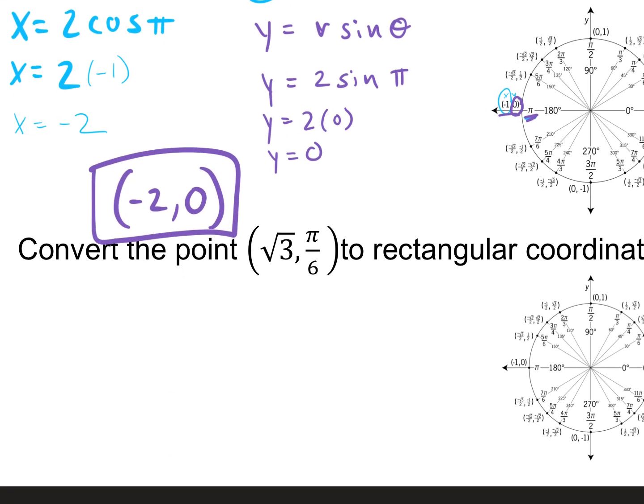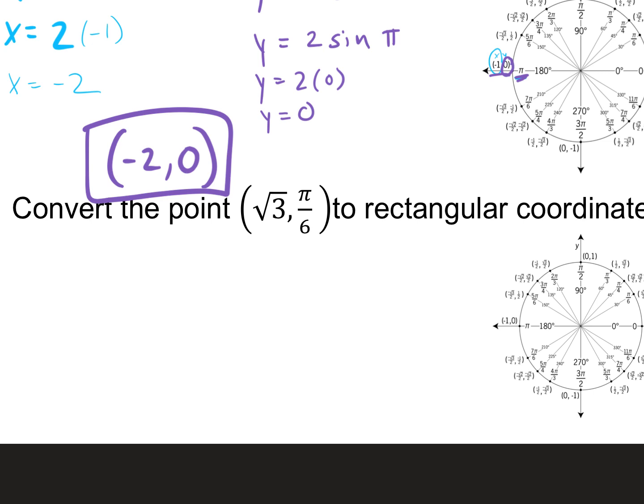All right, let's do B. So again, we're converting from polar to rectangular. We can say this is our r and this one's our theta. So x is equal to what? Awesome. Square root 3 times cosine of pi over 6. So I want to figure out what the cosine of pi over 6 is. I'm going to go to my unit circle, find pi over 6.